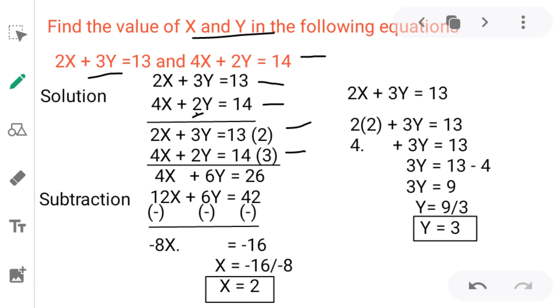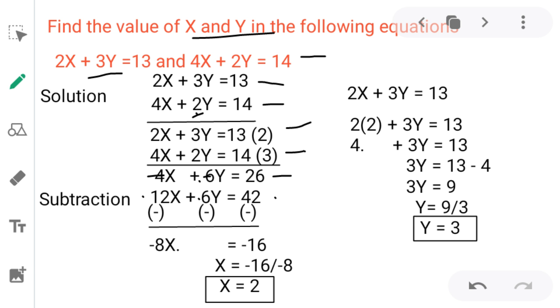By doing so, we get 2 into 2, 4x, 2 into 3, 6y, 2 into 13, 26. Similarly, in the second equation, 3 into 4, 12x, 3 into 2, 6y, 14 into 3, 42. We have done one thing: to cancel y, we have made the coefficient of y equal, 6 and 6.